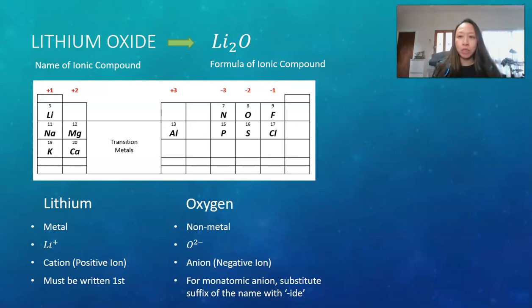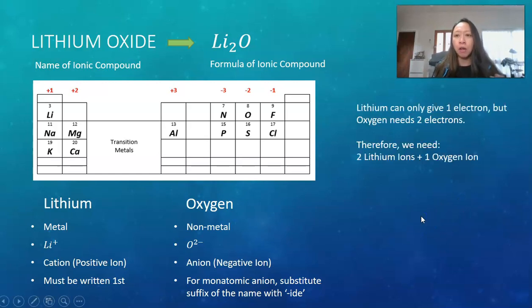Now that we know this, let's continue to figure out how many electrons are needed. In order for ionic compounds to be formed, we know that lithium has a +1 charge, so lithium can only give out 1 electron. However, in this case, oxygen needs 2 electrons.